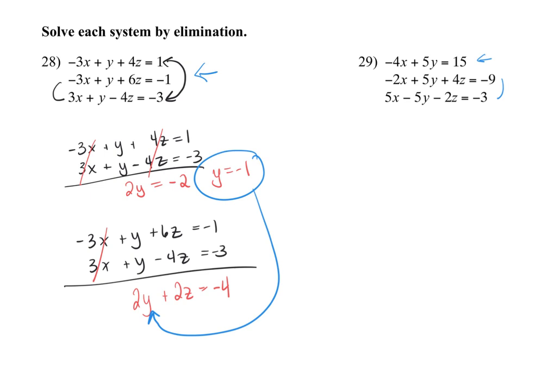And so I would actually multiply this guy by 2 to eliminate my z. I would say negative 2x plus 5y plus 4z equals negative 9. And then 10x minus 10y minus 4z equals negative 6. And get rid of my z.